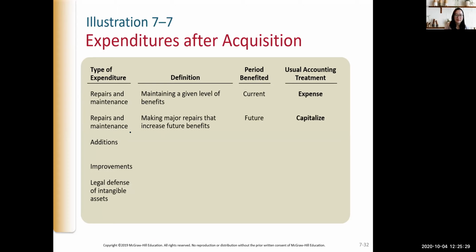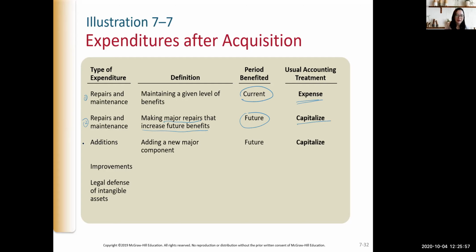But if it's making major repairs that increase future benefits for more than one period, then we capitalize it. So this is maintenance one and maintenance two, right? If it only benefits the current period, you expense it. If it's a major repair that is sustained for more than one period, you capitalize it.